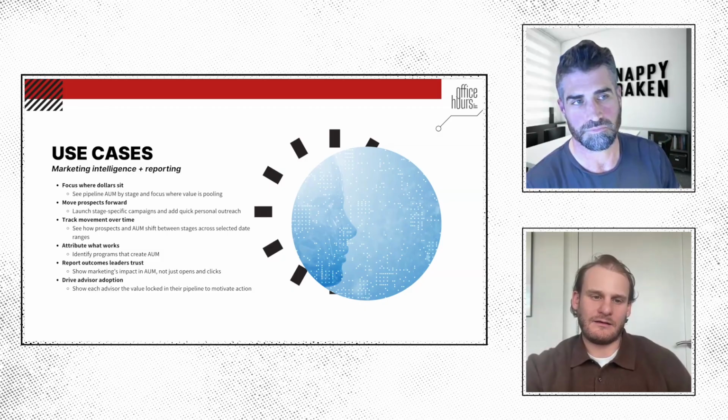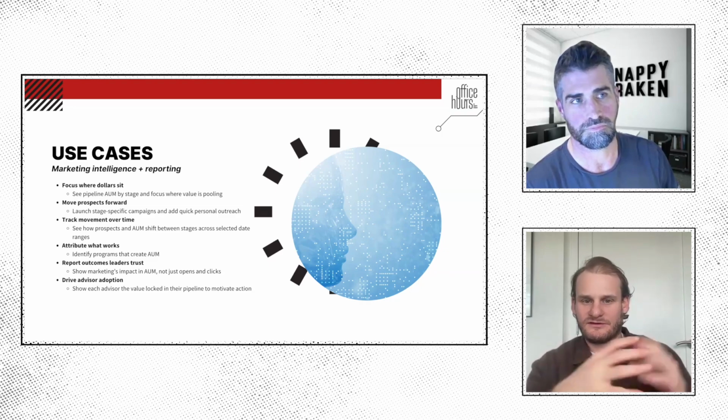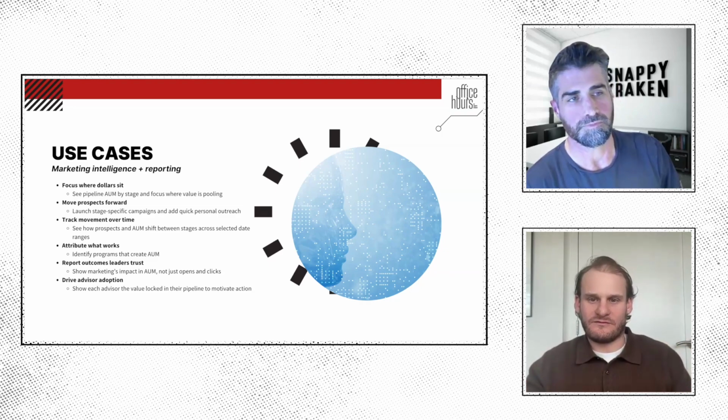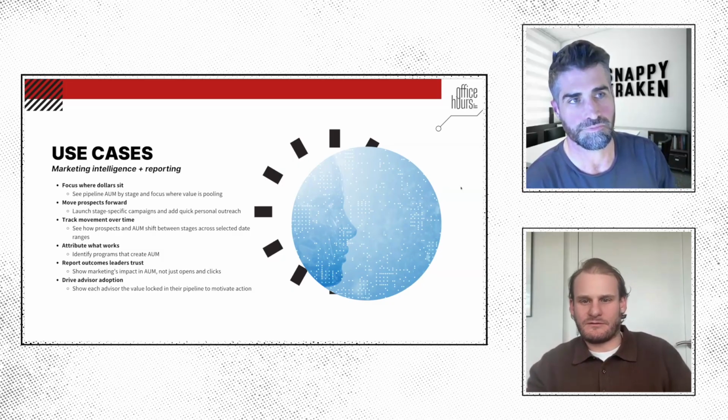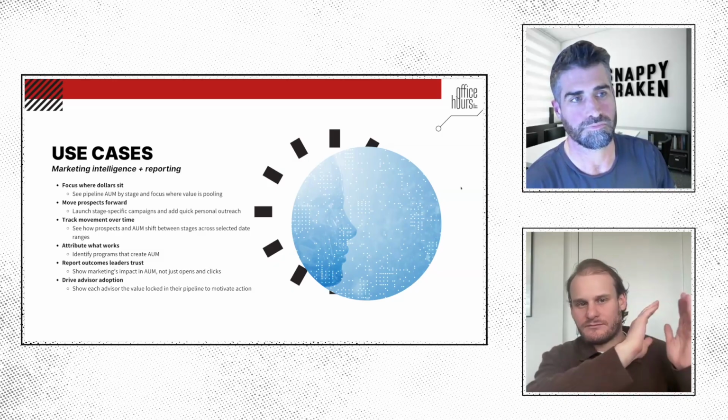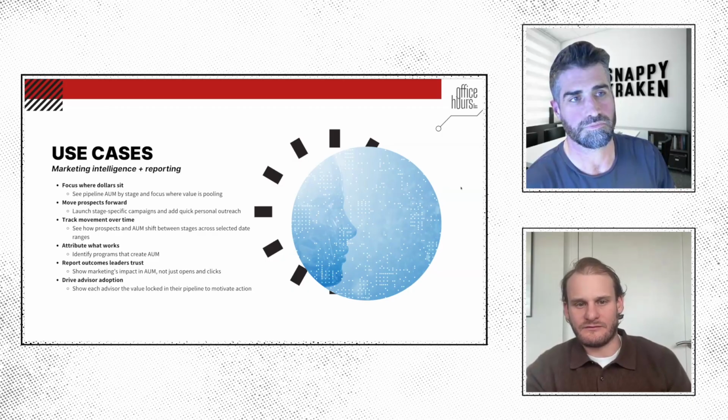And if you're an enterprise trying to get advisors on board, you can literally show them, look, this is what you'll have as a result of adopting marketing tools. You'll literally have a pipeline that you can track assets as it moves from leads all the way through. So I think it's going to be a very effective vehicle at driving advisor adoption and also motivating consistent usage of marketing tools.